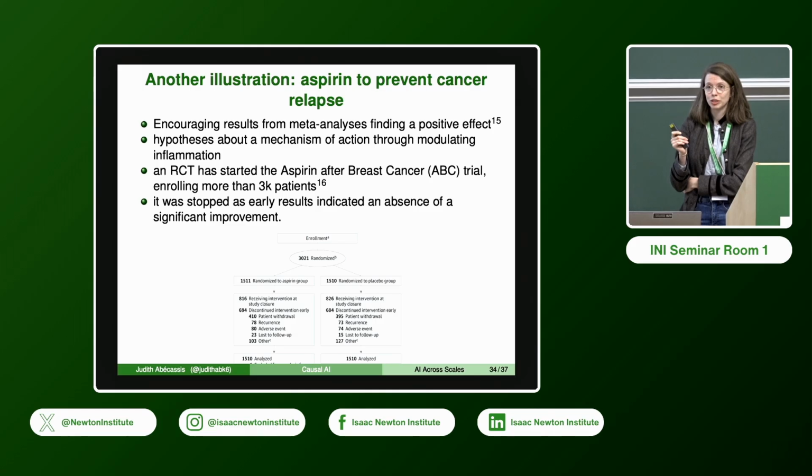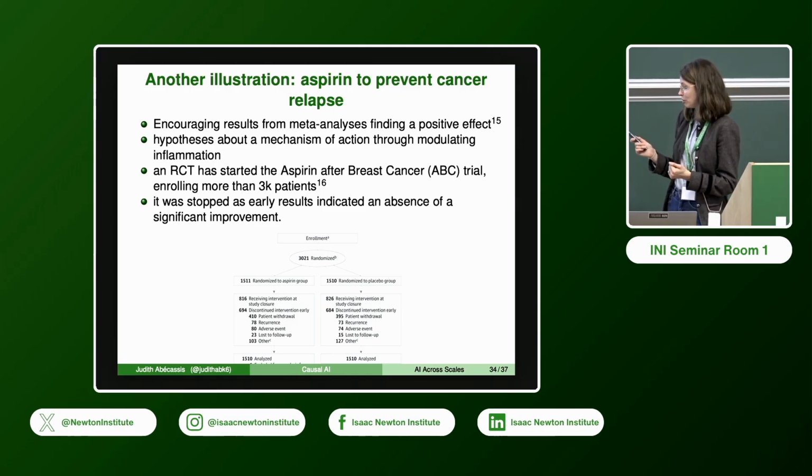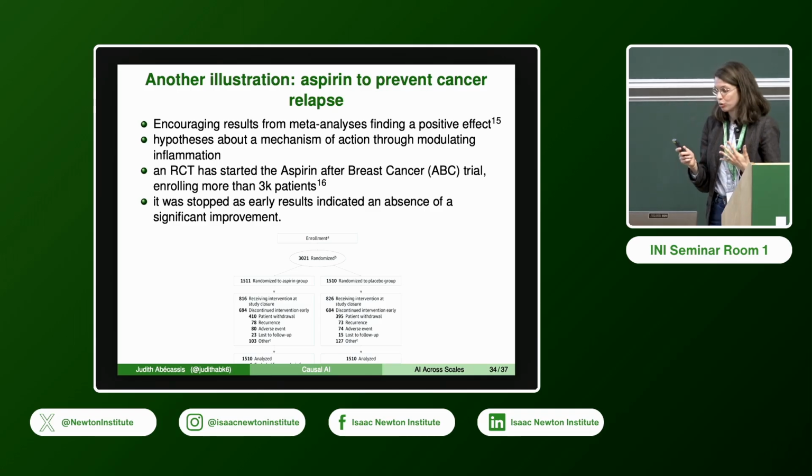So retrospectively, going back to the initial meta-analysis, we can find several issues, like no well-defined dose of aspirin to be followed. So again, breaching this first assumption that I mentioned, and also some clinical parameters were not fully adjusted.